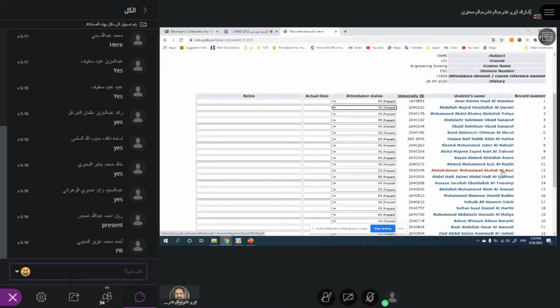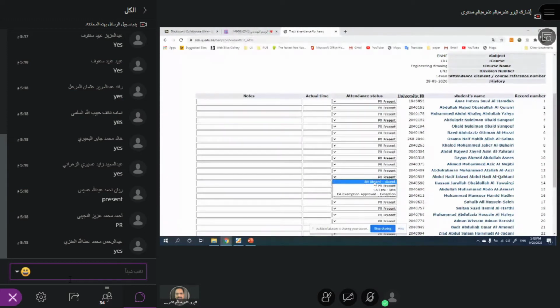Abdul Rahman Muhammad Atallah Al Ansi. Abdul Hadi Jalabi Abdul Hadi Al Kathani, absent. Hassan Jarallah Obaidullah Al Tuwaiki.